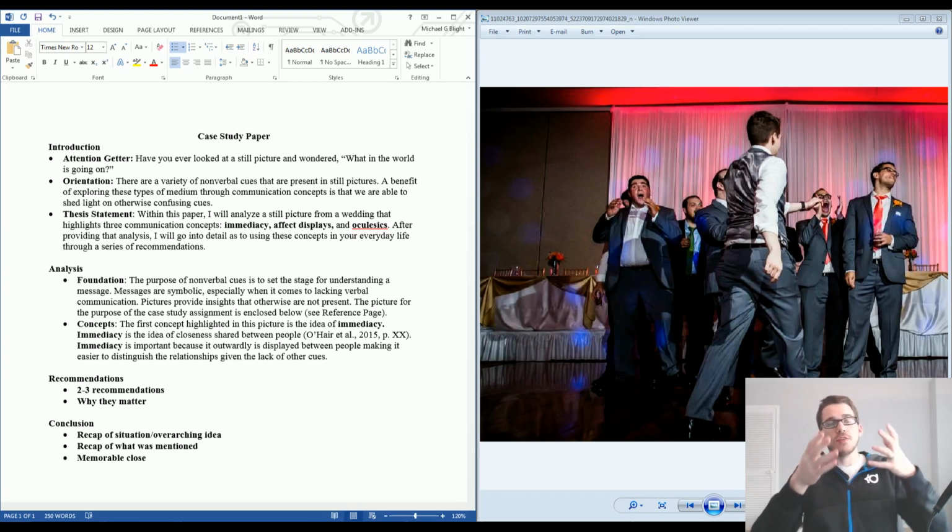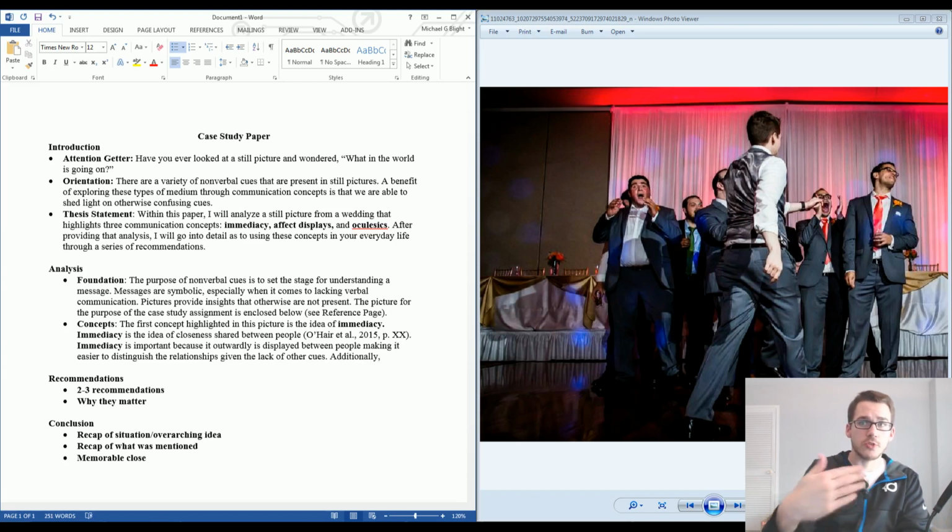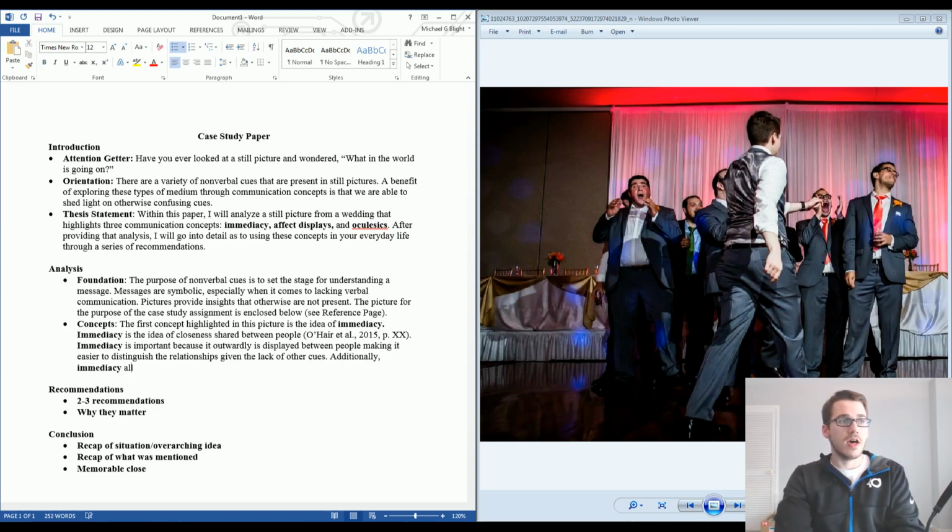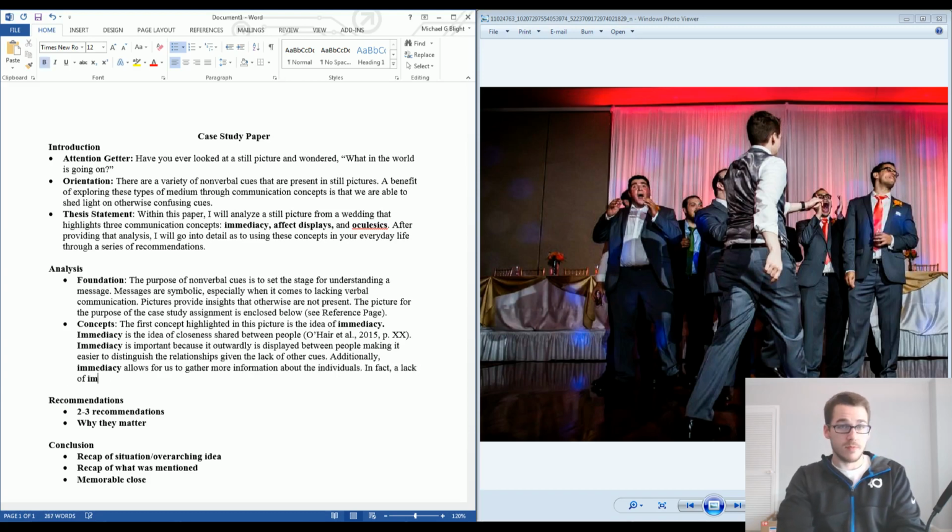So if I can gather that immediacy from this picture, that's super helpful. Additionally, so this is sort of the next point driving it home, immediacy allows for us to gather more information about the individuals. In fact, a lack of immediacy might lead to misunderstanding within the photograph.